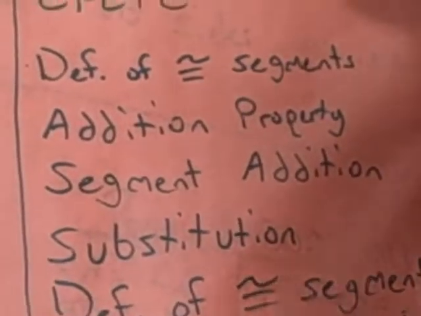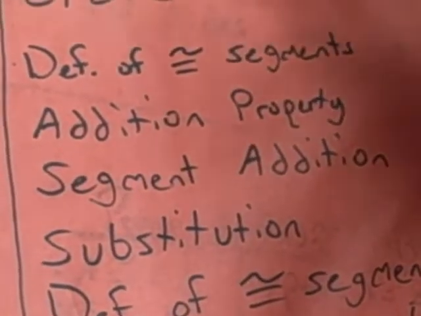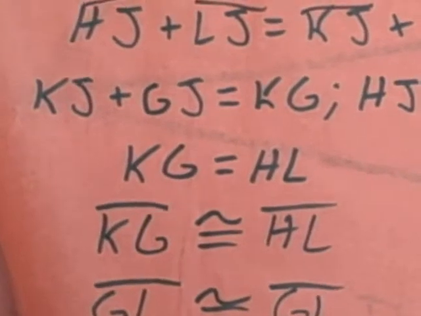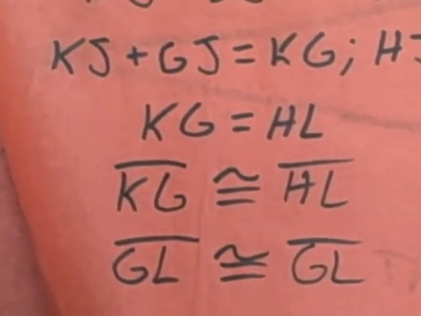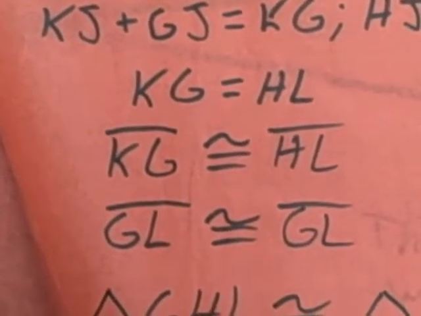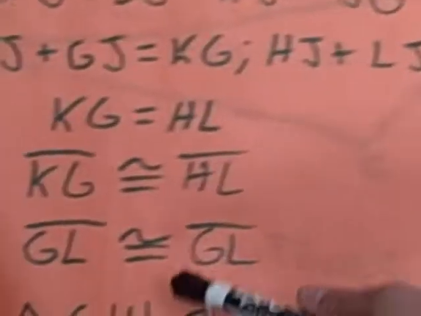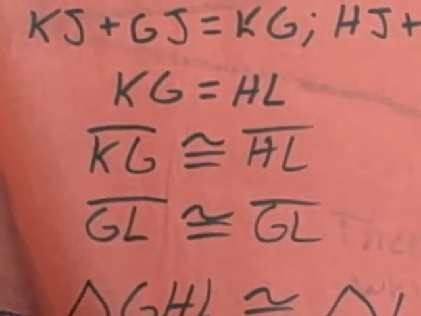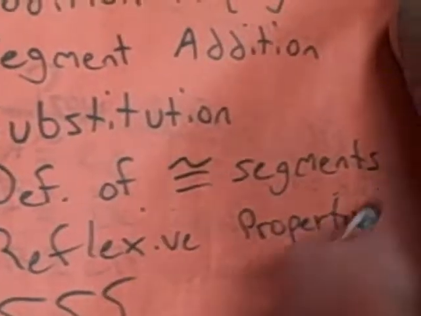And then usually after segment addition, you have a substitution, which is right here. KG is equal to HL both times, by substitution. And then KG is equal to HL by definition of congruent segments.